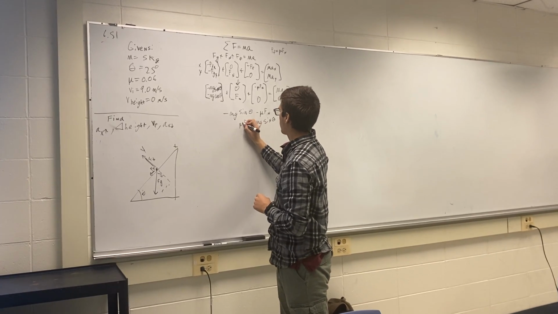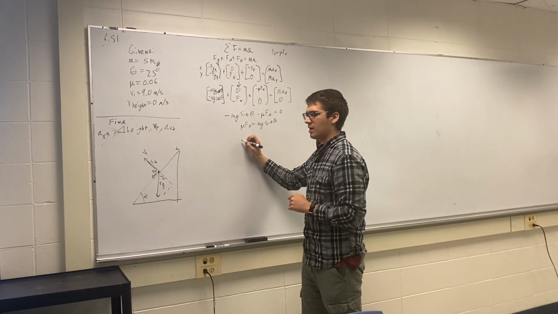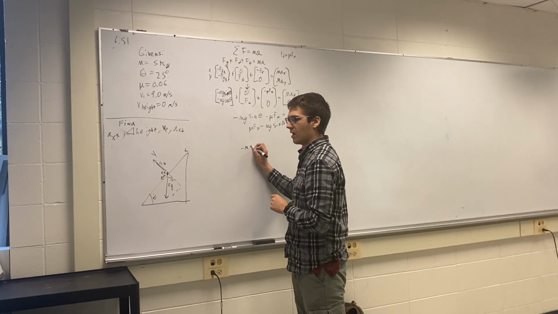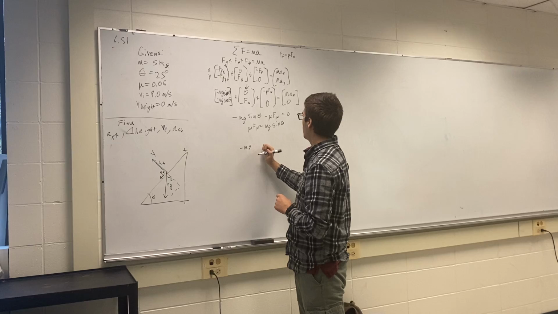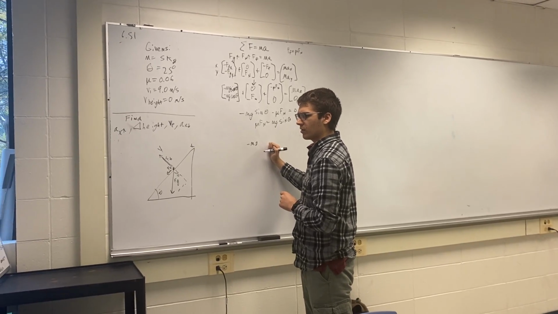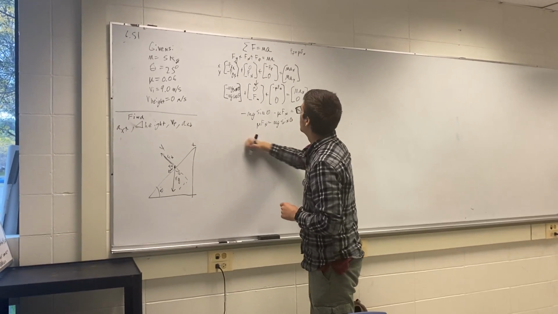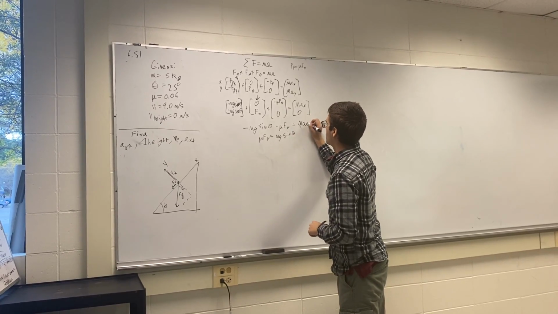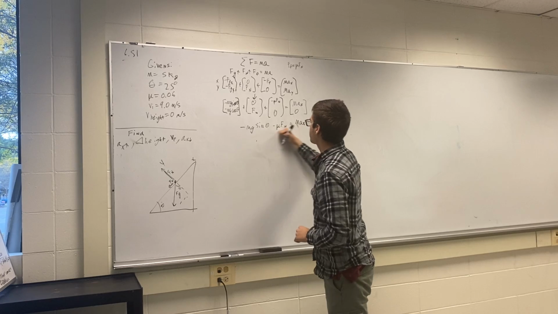Oh, I forgot the mu, that's all. And then in the x direction, we have negative, shoot, what did I write wrong? Oh no, this is equal to max, sorry. That's not equal to 0.